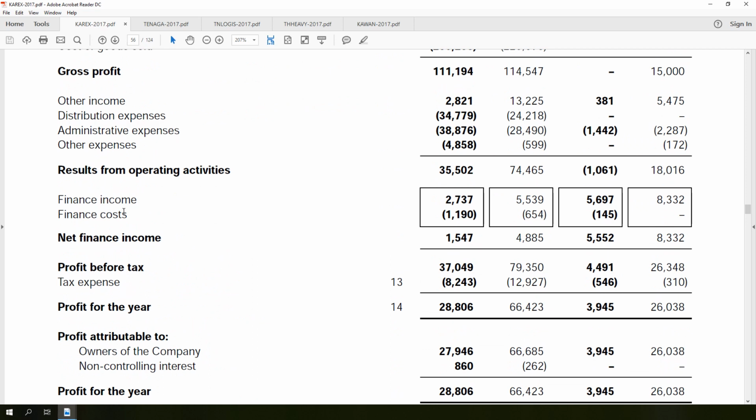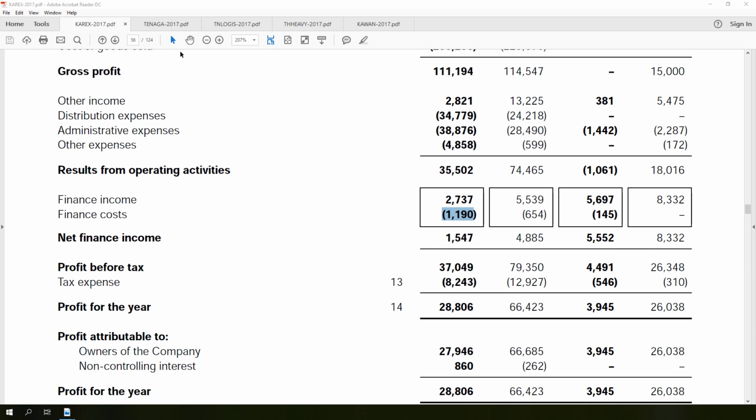It means the finance cost here, 1.19 million, did not include the capitalized interest, 143,000.